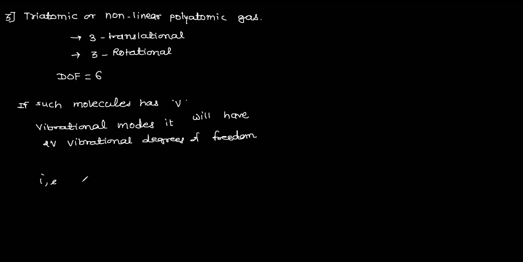So the degrees of freedom will become 6 plus this additional 2V, and V is what here?